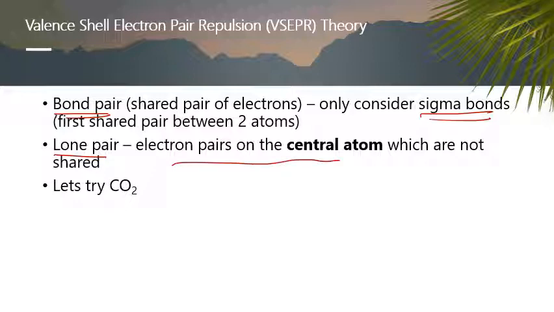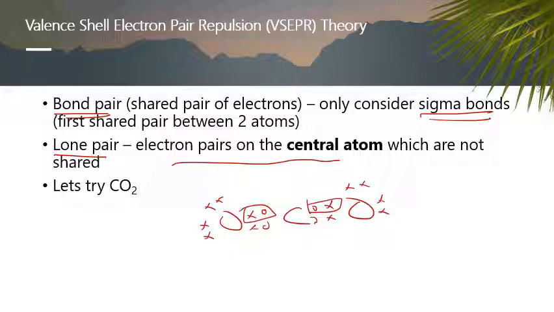For example, let's look at CO2. So C, O, O, then oxygen forms two bonds. And that's CO2. How many bond pairs do I have? 1, 2.